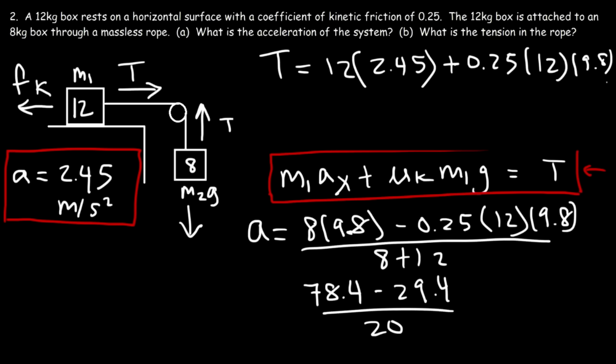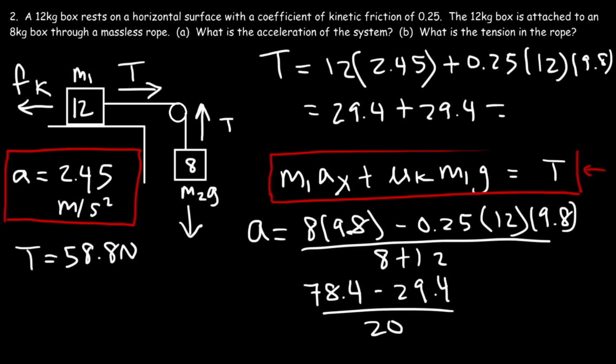So 12 times 2.45, that's 29.4. And then this is also 29.4. So adding these two numbers, we can see that the tension force is going to be 58.8 newtons. So now let's make sense of these answers just like we did before.